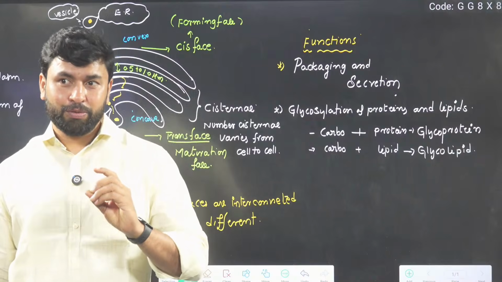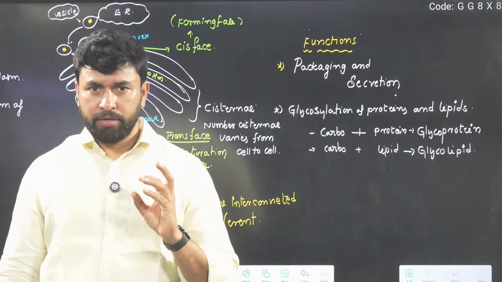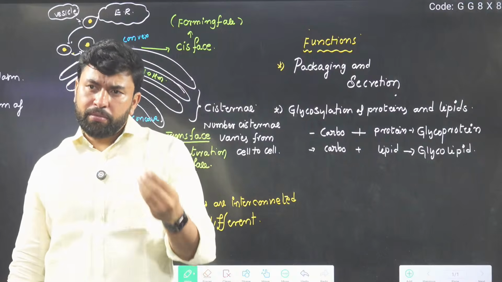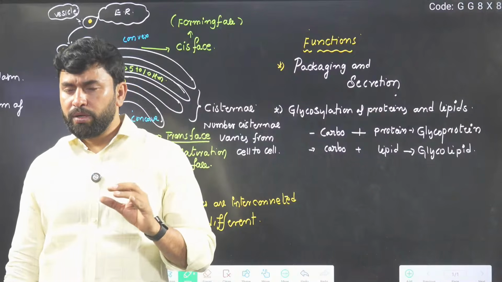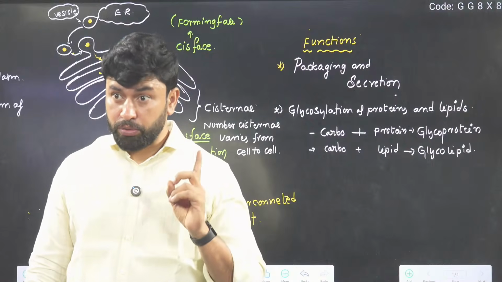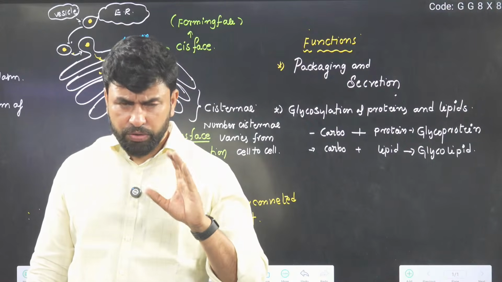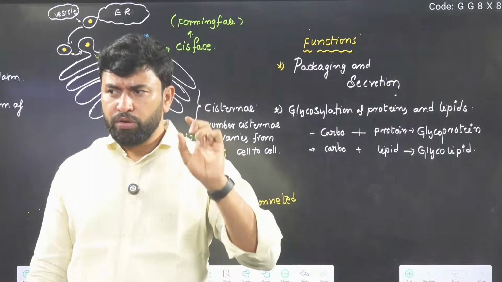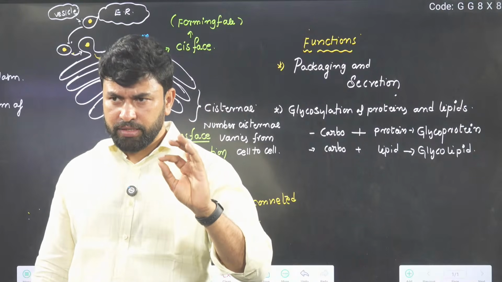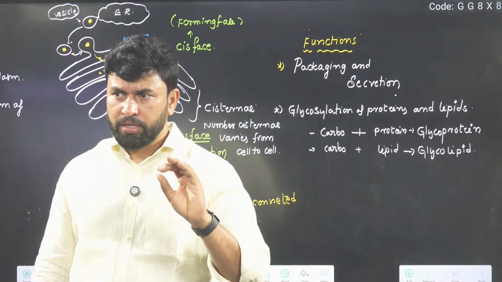Now this topic has a lot of conflict. Listen, the work of glycosylation either can be done by endoplasmic reticulum or it can be done by Golgi complex. Both can do. I am saying this to you very clearly. Both Golgi complex and endoplasmic reticulum can synthesize glycoproteins, glycolipids.